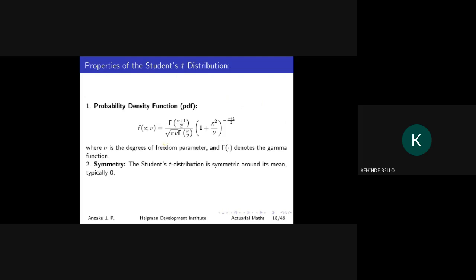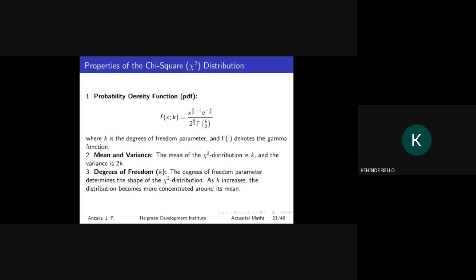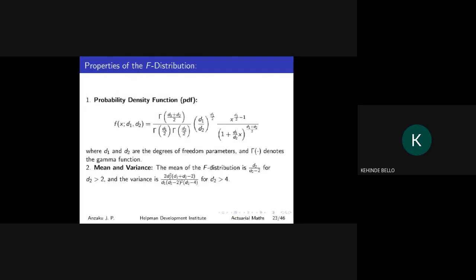We observe that the T distribution has a gamma function, gamma of (v plus 1) over 2. The chi-square distribution also has a gamma function, gamma of k over 2. And the F distribution also has a gamma function, gamma of (d1 plus d2) over 2.